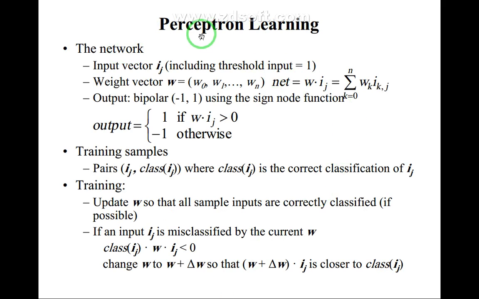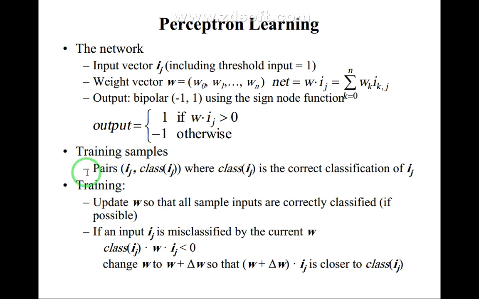Perceptron learning. What is perceptron learning? The network input vector ij, including the threshold input equal to 1, and the weight vector, with net equal to the summation of wk ik. The output is bipolar, minus 1 or 1, using the single node function. The output equals 1 if this multiplication is greater than 0, otherwise it equals minus 1.